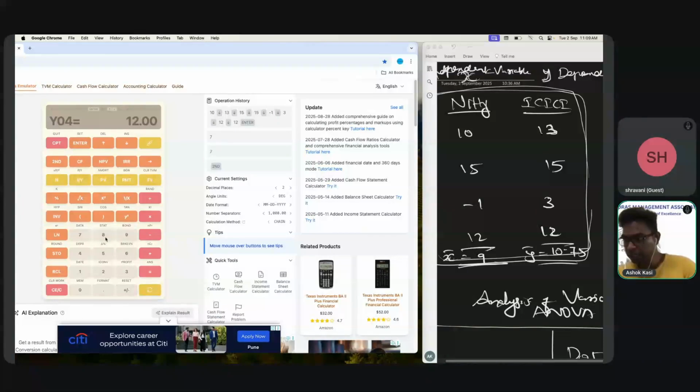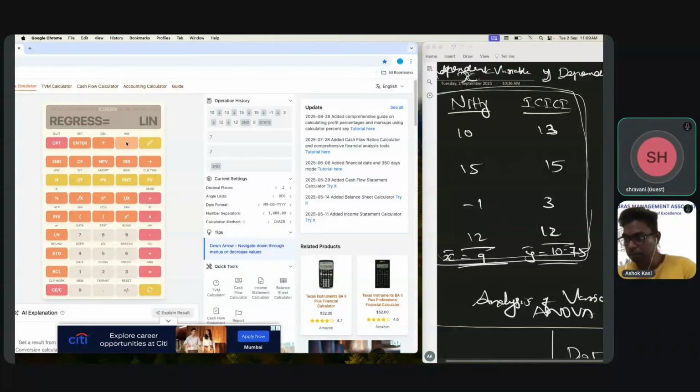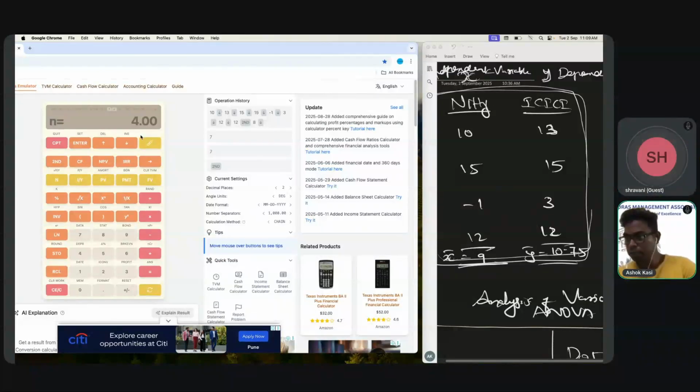So second 8, so that the stat function gets activated. You will get linear in your calculator. Now you do downward arrow, you will get n is equal to 4. Again downward arrow, x bar equal to 9.